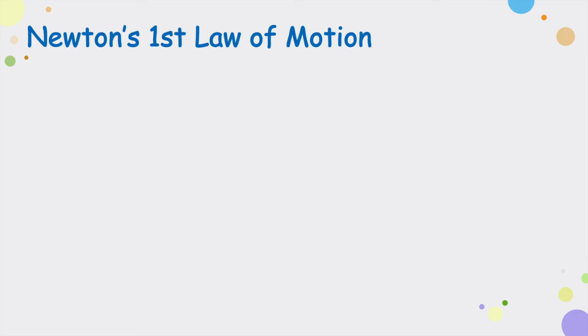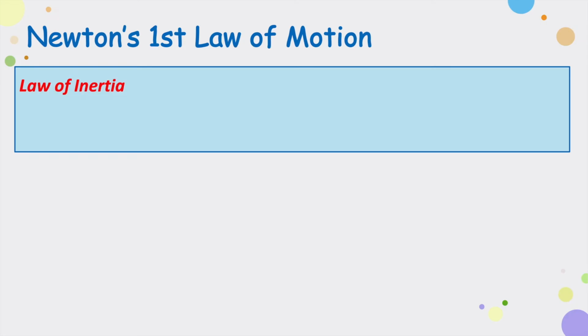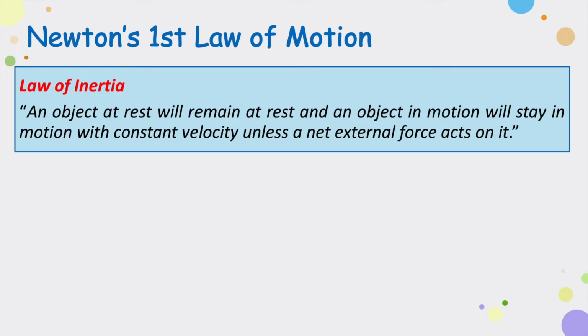So our first law of motion, or the law of inertia, states that an object at rest will remain at rest, and an object in motion will remain in motion with constant velocity, unless a net external force acts on it. There are two situations in this law of inertia.